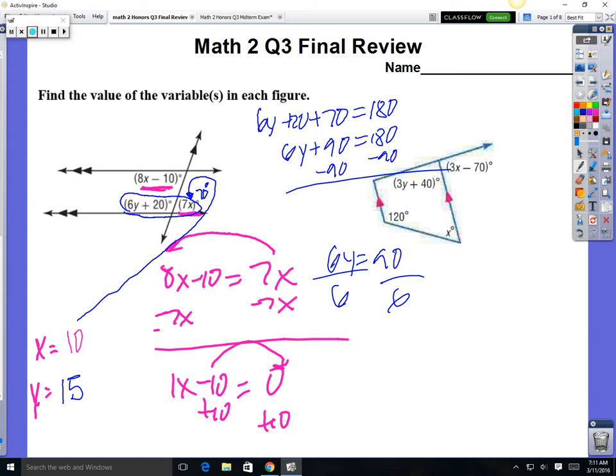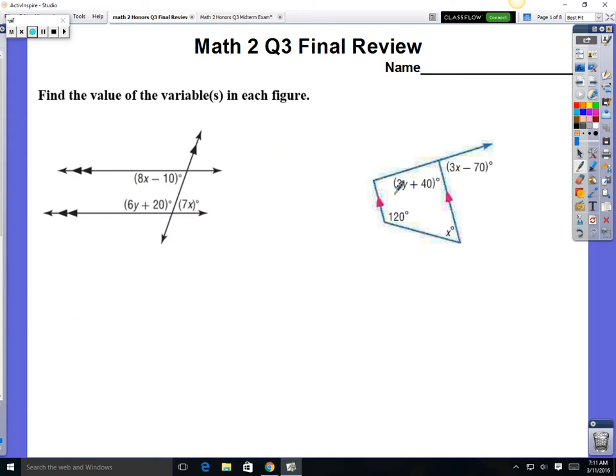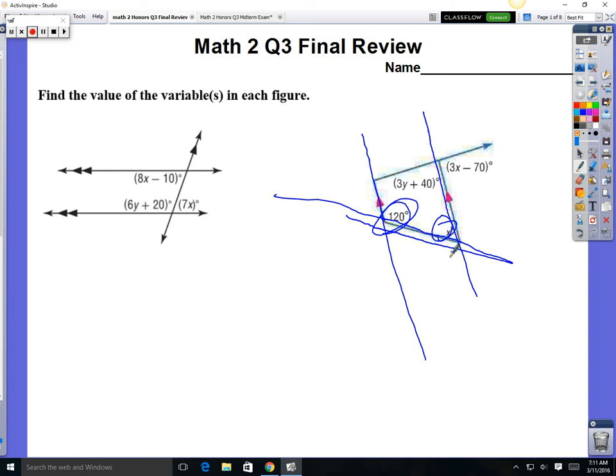Okay, now shape number 2 is some kind of trapezoid. And you've got parallel lines. Okay, parallel lines. If you have these lines extended out, this transversal right here, this 120 and this x, these are consecutive interior angles, and they will add and give you 180.